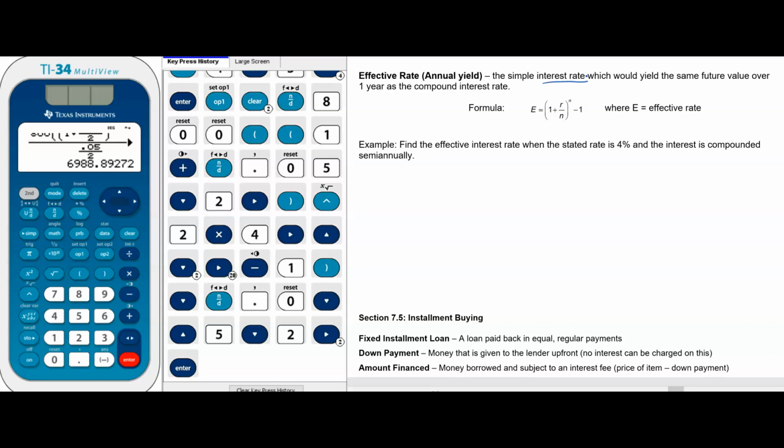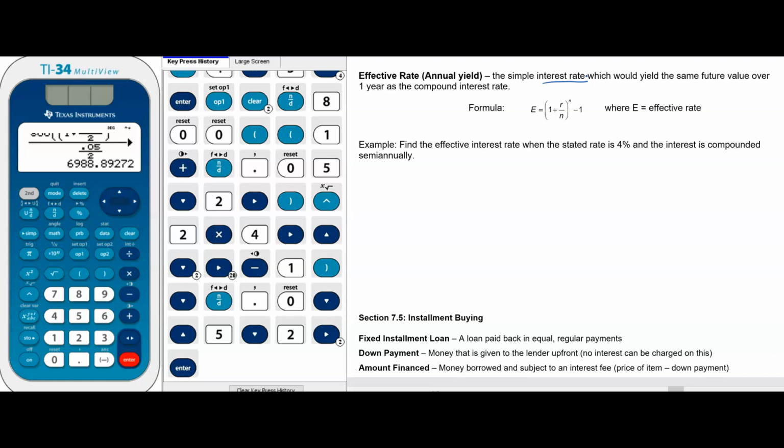Well, since it's being compounded a couple times a year, you're actually earning more interest than the 4% because it's being compounded. So this effective rate formula allows us to see what the percentage rate actually is in simple interest terms.